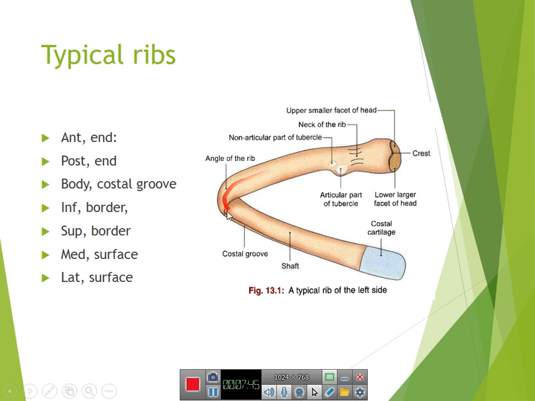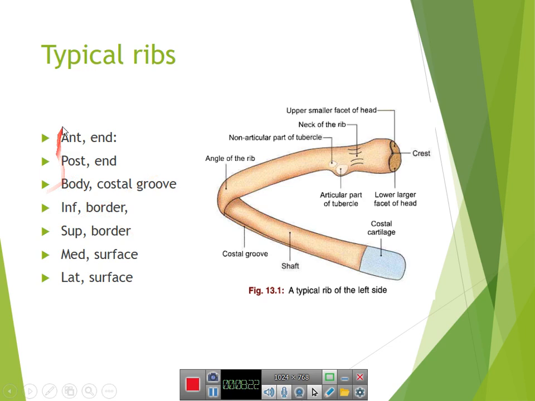Here is the shaft or body of a rib. The shaft is convex outwards, and there is a costal groove situated along the lower part of its inner surface, so that the lower border is thin and the upper border is round.